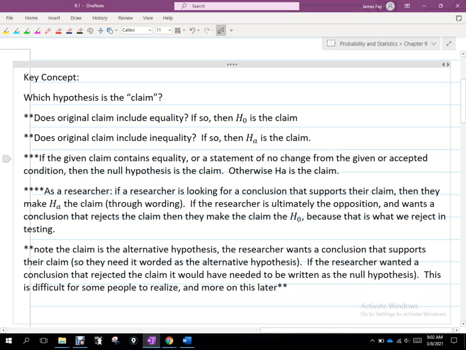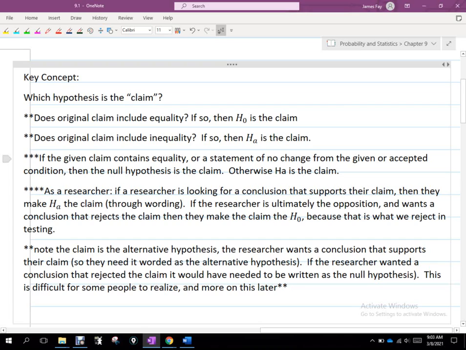Like I said, we'll get into more of this later on. It says if the given claim contains equality or a statement of no change from the given or accepted condition, then the null hypothesis is the claim. Otherwise, then the alternative hypothesis is the claim.